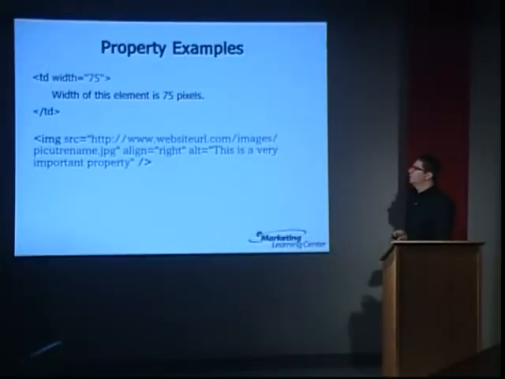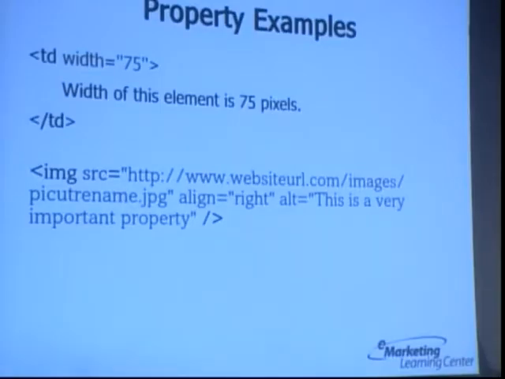An image: SRC is where you would link the image to your web page by writing the HTML tag IMG, so open caret IMG, SRC, which means source, equals the value.